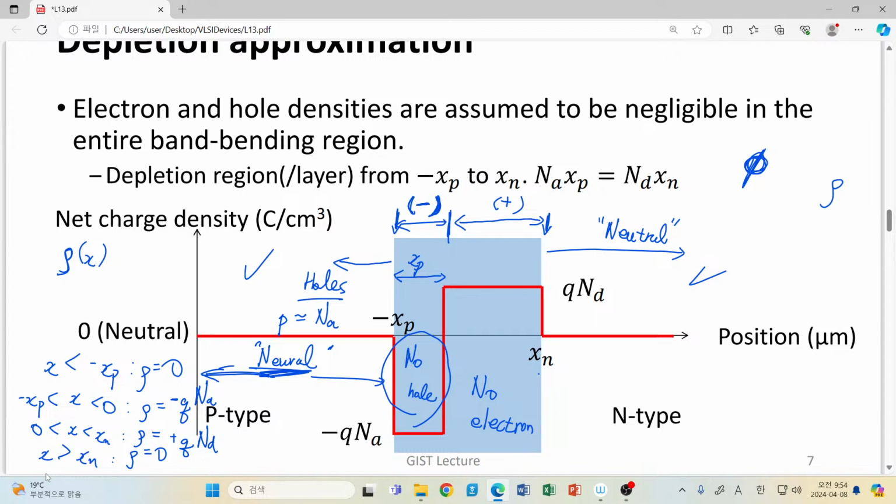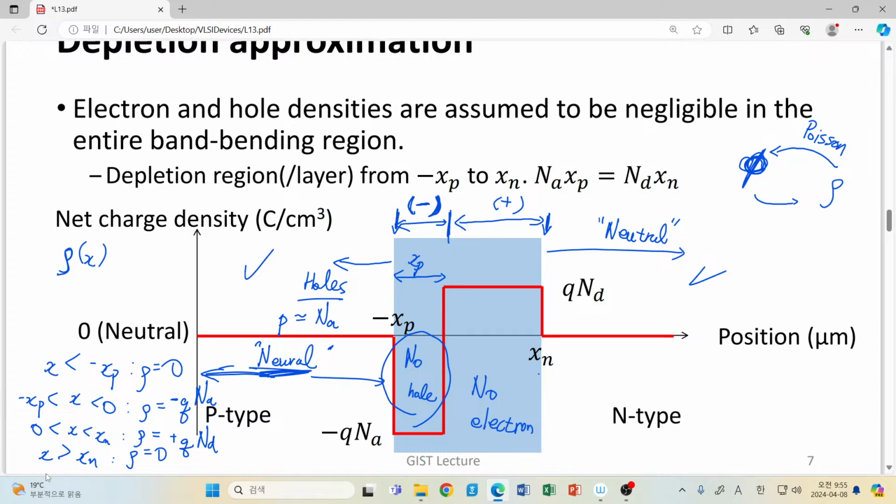If we know net charge density, then we can calculate the potential by solving the Poisson equation. We will do it today. However, there is the other direction. If you have the potential, then you can also construct this net charge density.